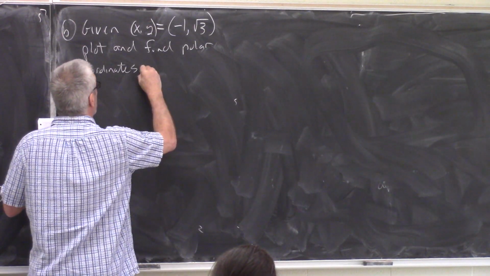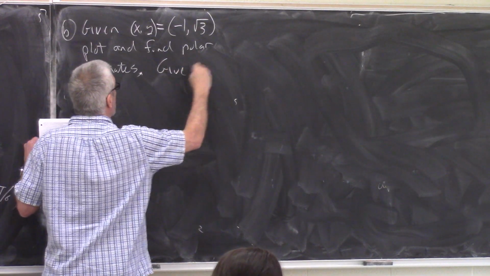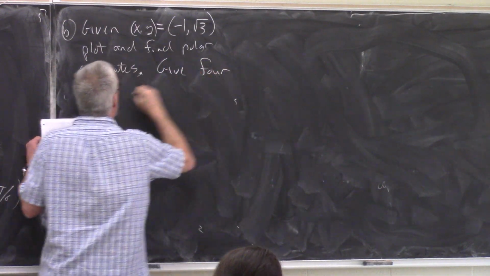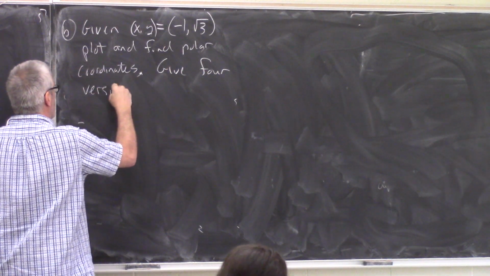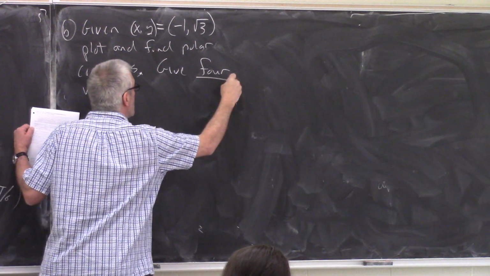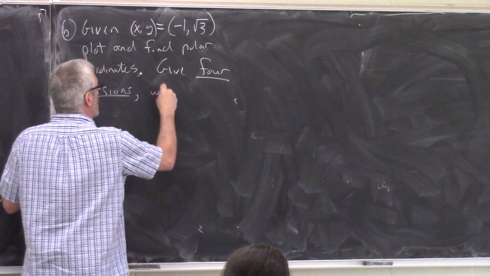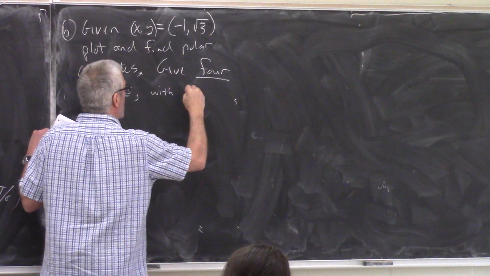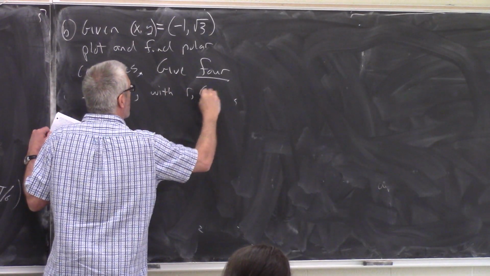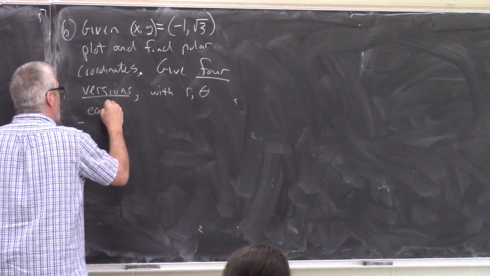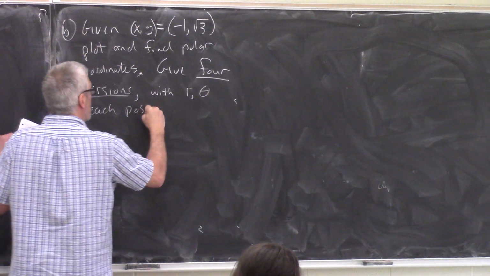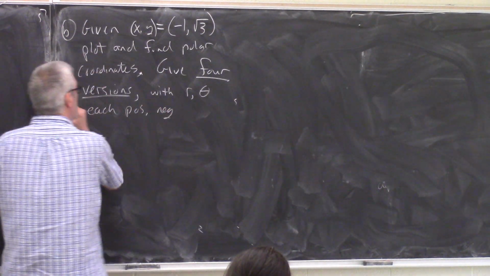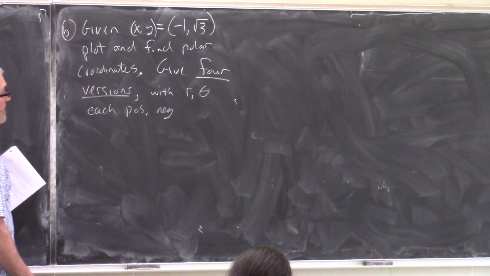Four versions. Why 4? And how so? Well, with r and theta each positive and negative. You'll see what I mean.